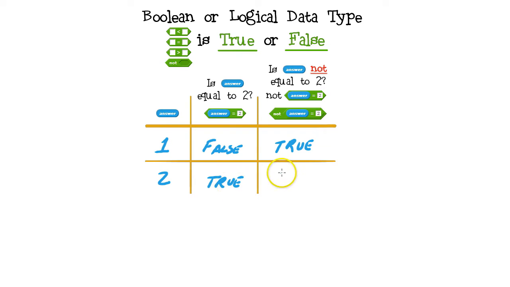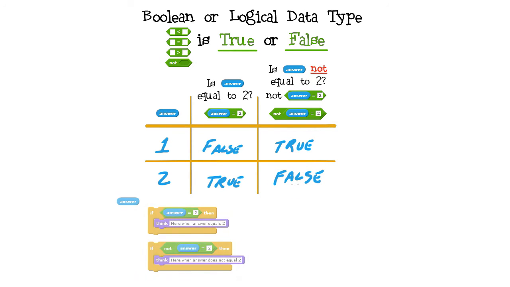Not true is false. I'll see if that sounds right. Is answer not equal to 2? Is 1 not equal to 2? And I have true in the table. Is answer not equal to 2? Is 2 not equal to 2? That's false, and the correct answer is in the table.